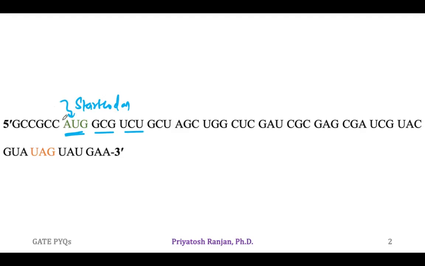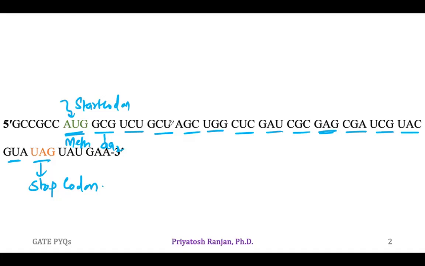So for example, AUG will code for methionine. Similarly, this will code for another amino acid. In this particular reading frame, each set of three nucleotides, which is also called a codon, will code for a particular amino acid, and the presence of the stop codon will terminate the process of translation.